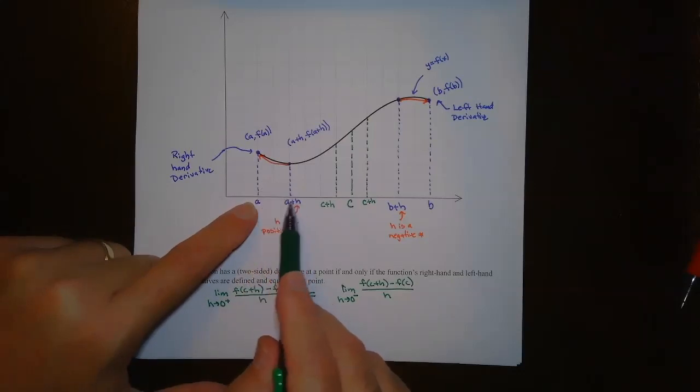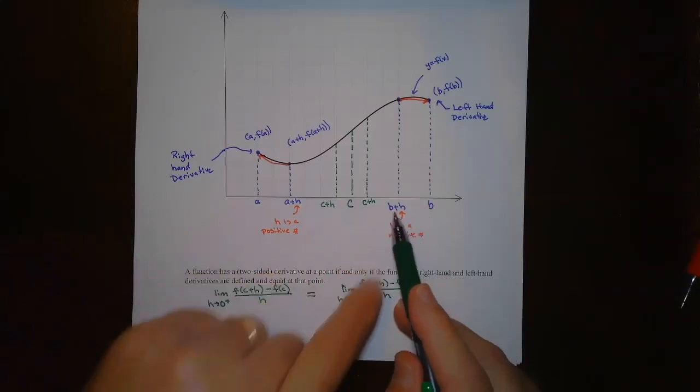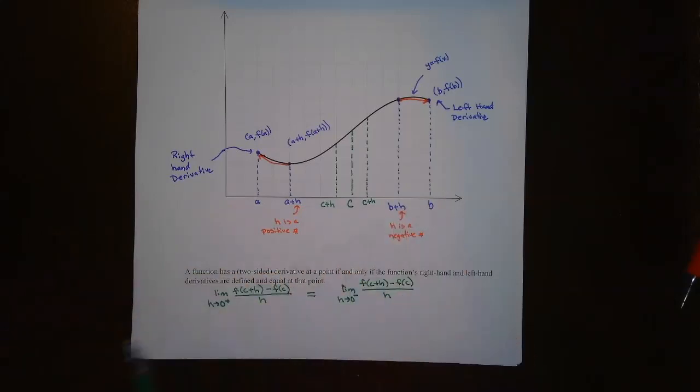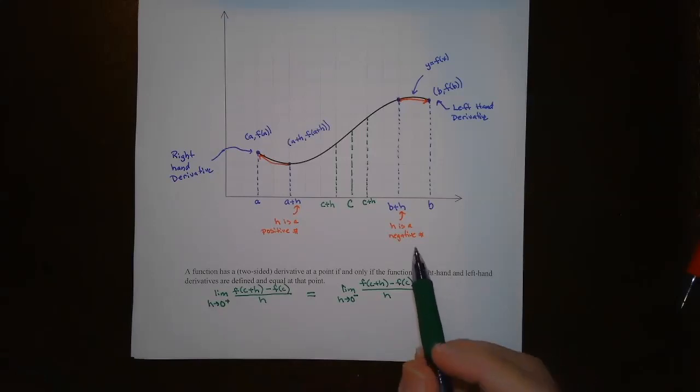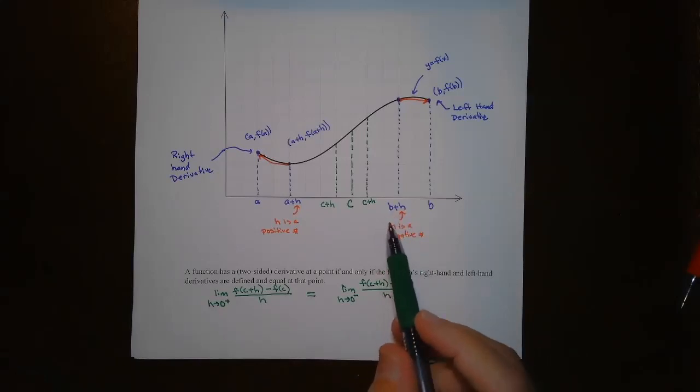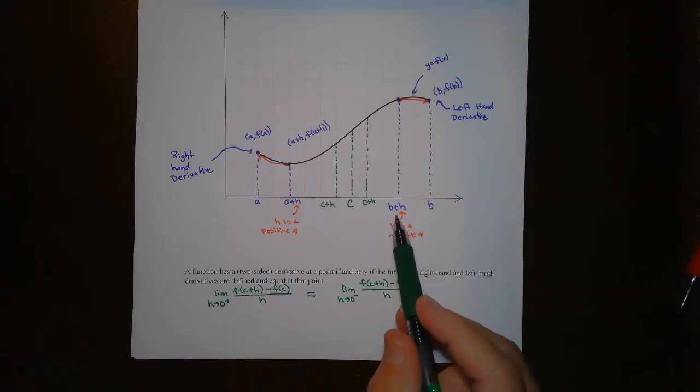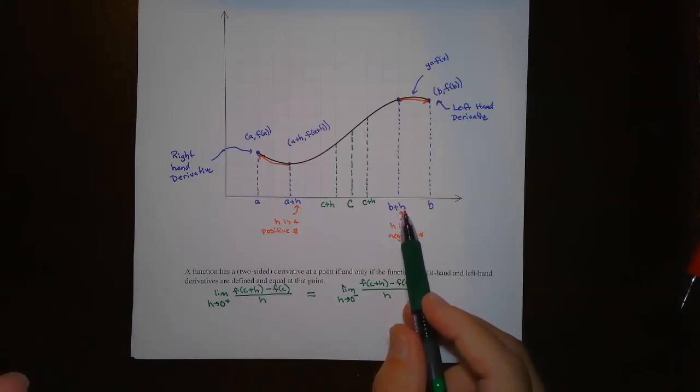Because this is the part that's causing it to be called right. And it's this right here that's causing this one to be called a left-hand derivative. Hopefully this is making sense to you, okay? Because this is hard for a lot of people. Because you think of h as being a positive value, and you're thinking of adding h here, and you're thinking, oh, that would have to go to the right.